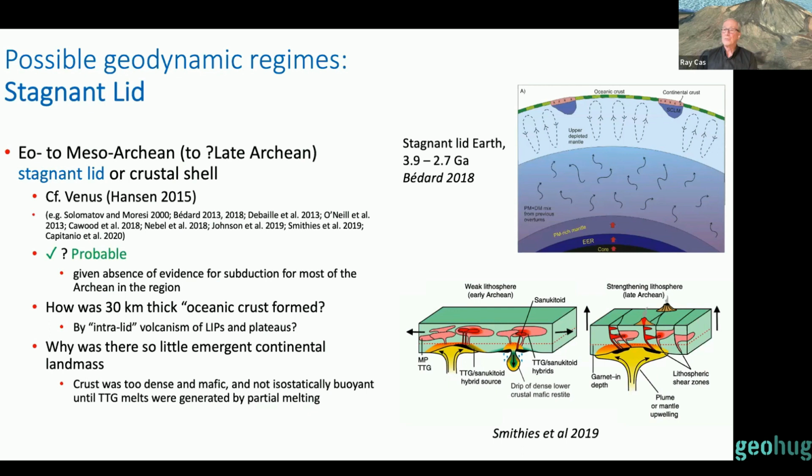So basically volcanism, which was erupting abundant, huge voluminous masses of mafic magmas, both tholeiitic and high magnesium, as we've already discussed, their sub-volcanic counterparts, komatiites, etc., and beginning to build up a crust or a lithosphere that was at least 30 kilometers in thickness. But because that crust was not particularly evolved, there was very little in the way of felsic material there, it wasn't very buoyant, isostatically buoyant, so there wasn't much in the way of land masses. And the other reason why there wasn't much land mass, there weren't collisions happening.